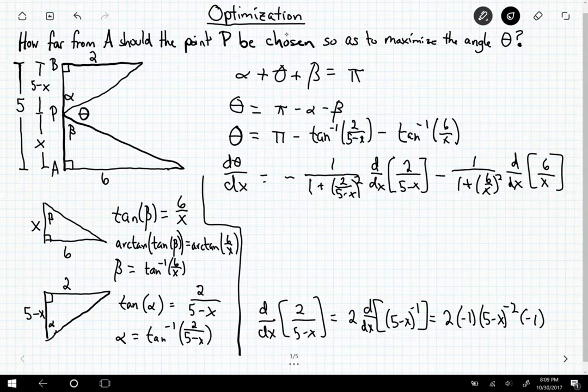Notice we have a negative 1 here and a negative 1 there. They cancel, and we're left with 2, and then 5 minus x raised to the negative 2, which becomes 2 over 5 minus x, the quantity squared. So this whole thing equals negative 1 over 1 plus 2 over 5 minus x, the quantity squared, times 2 over 5 minus x squared.